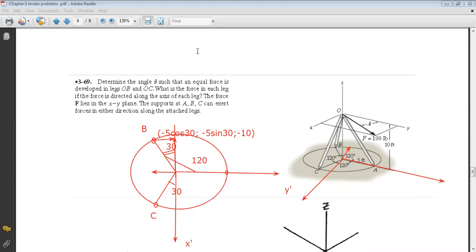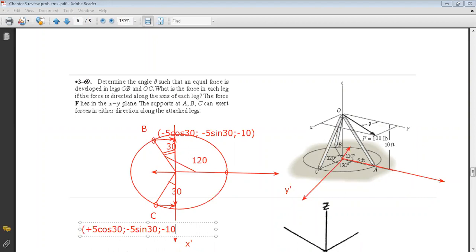It's symmetrical. The only difference between C and B is that C has a positive projection along x prime, the same x component but positive, and both have a negative y prime component. So the coordinates of C will be plus 5 cosine 30, minus 5 sine 30, and minus 10.